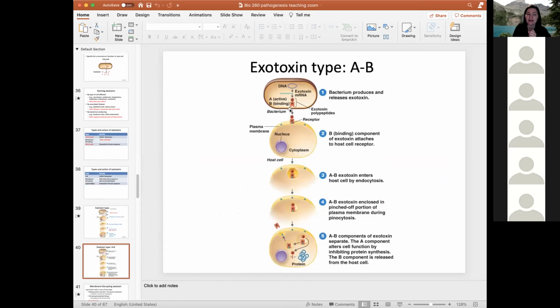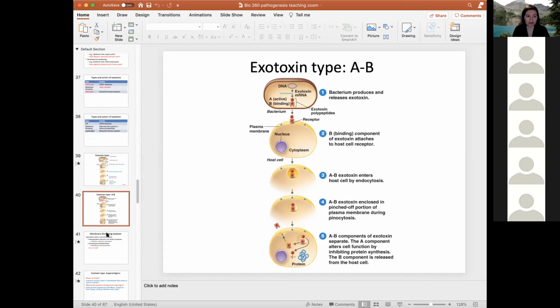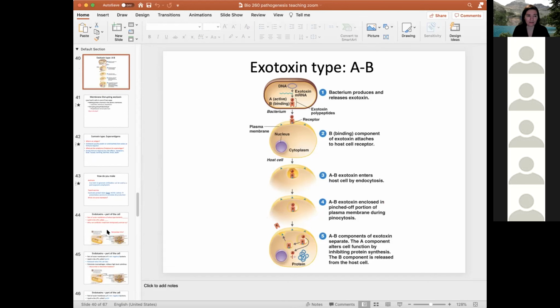It's got the B part, which binds to the target, which is why these toxins can be very tissue specific. And then that causes internalization, as always happens with a ligand binding the receptor. Then it comes apart, and the second piece, the A piece, usually inhibits the ribosome, so prevents protein synthesis, which may sound mild, but is really disastrous for the cell.